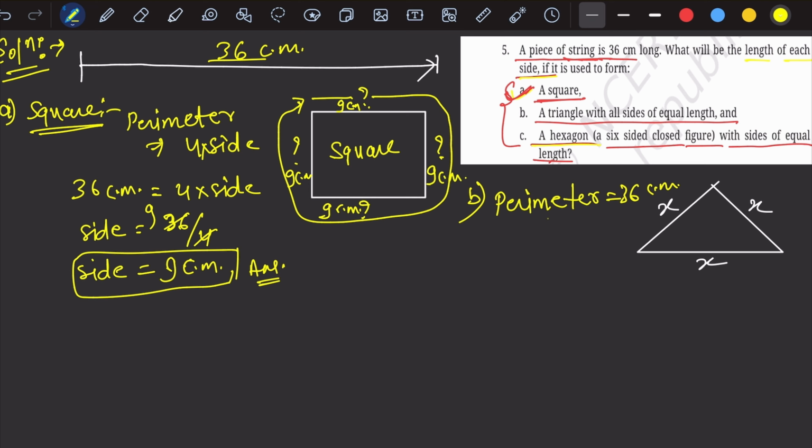That's why perimeter will be 36 centimeter. So what is the formula of perimeter of a triangle?